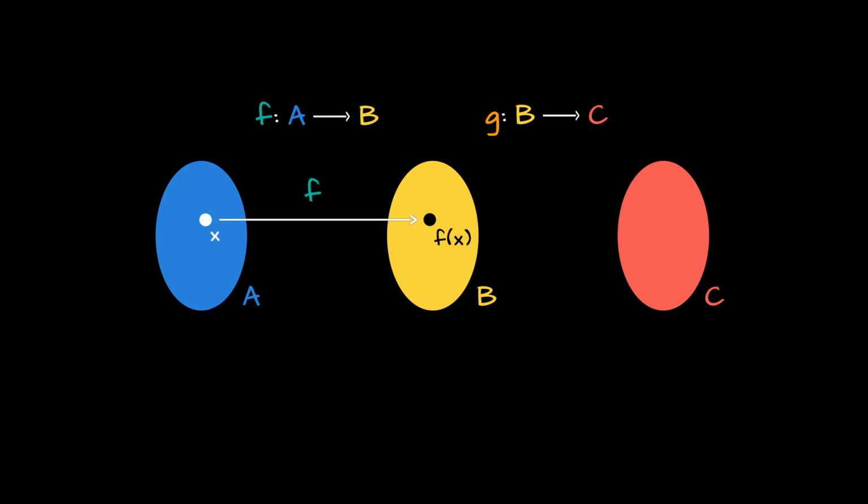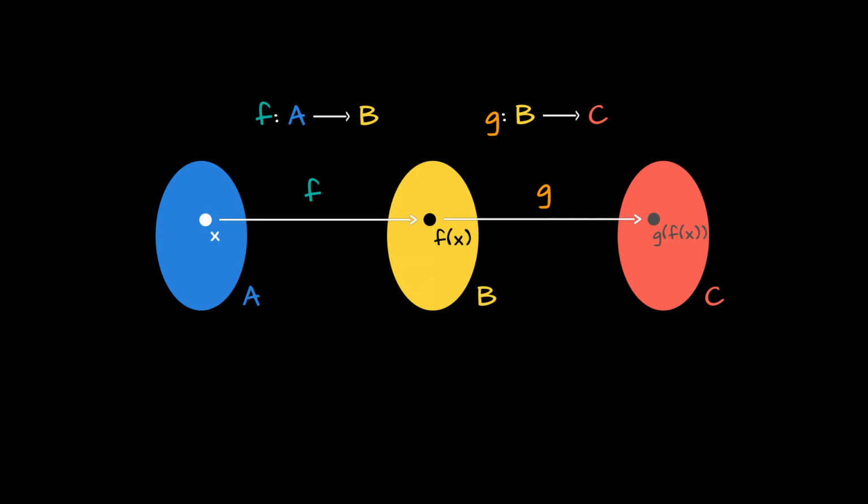What we may of course do is take the function f and apply it to that element x, thus producing an output or value f of x inside the set B. And since f of x is an element of B, we can in turn take the function g and apply it to it.